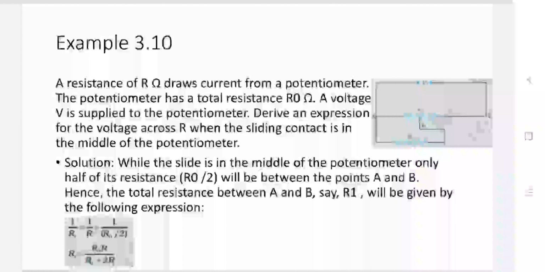And by solving this, R1 is R0 into R upon (R0 plus 2R). Now we want to get the total resistance between A and C. Between A and B, we have R1, and between B and C, R0 becomes R0 by 2. These two resistors are in series. So we have the total resistance between A and C as R1 plus R0 by 2. That is the series combination equation.